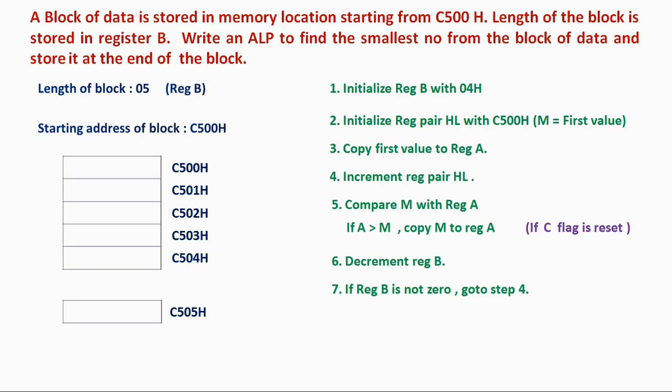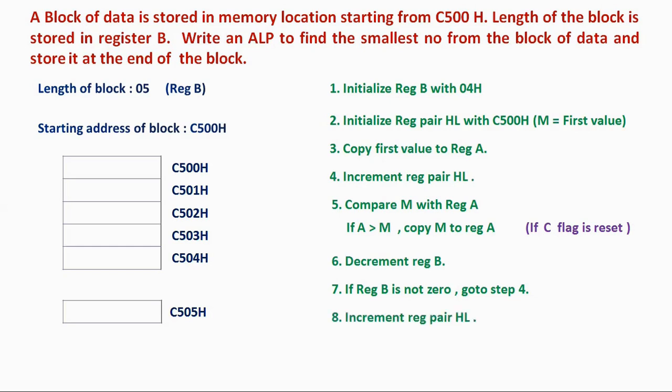So we do the last comparison. If A is again greater than M, then we'll copy the M value into A. And now we'll decrease B. So now your B is 0. If your B is 0, it means we have compared all the numbers from the block and we have to stop the process.